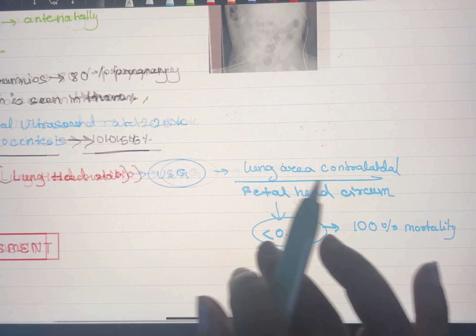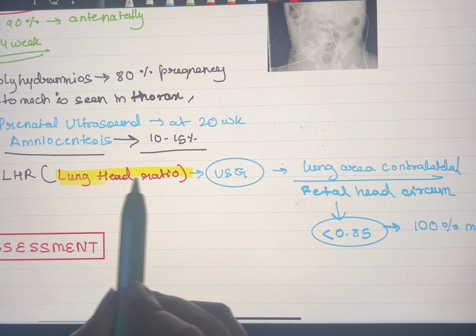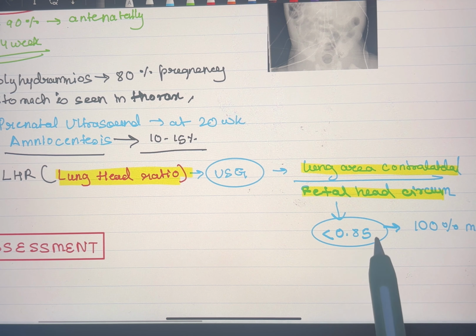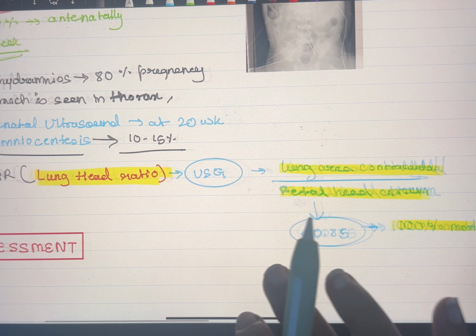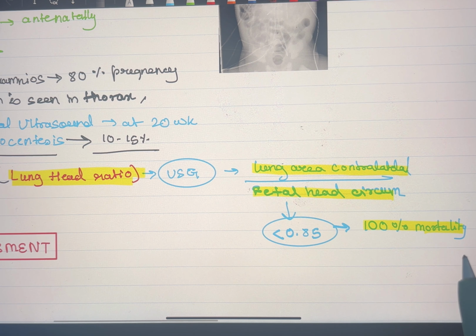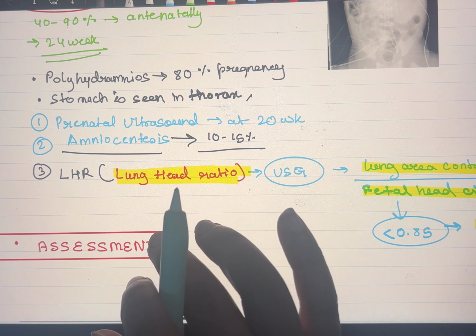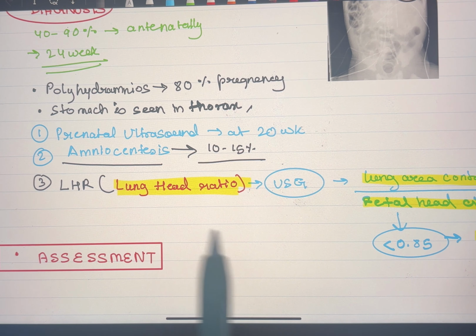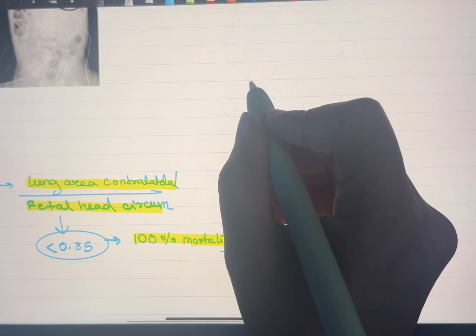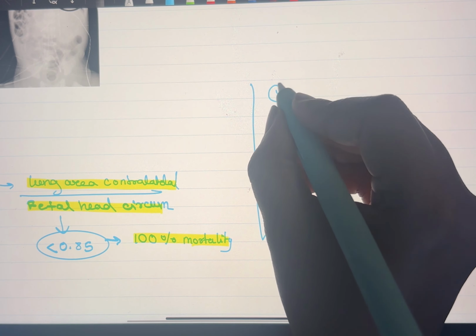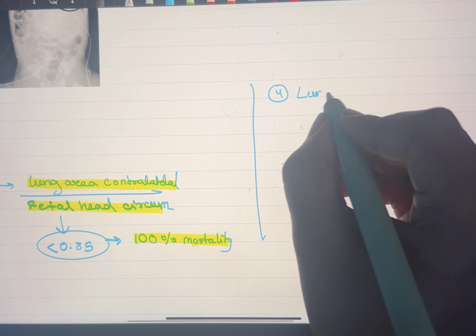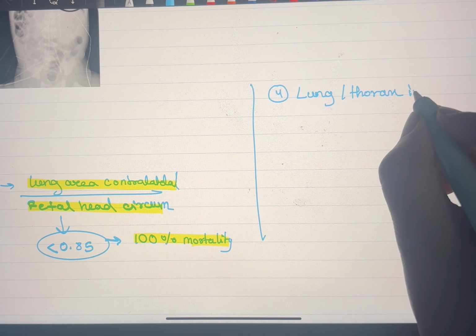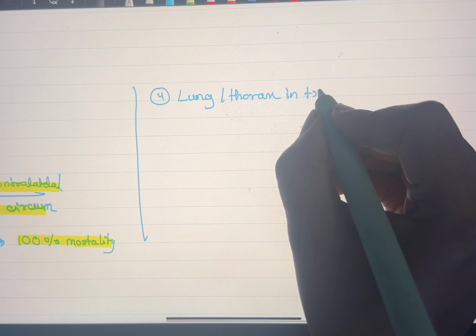Remember this. This is lung head ratio: contralateral lung area over fetal head circumference. If it is less than 0.85, then the patient will have 100% mortality. So we have seen the prenatal ultrasound, amniocentesis, and lung head ratio. Number four is lung by thorax in transverse axis.